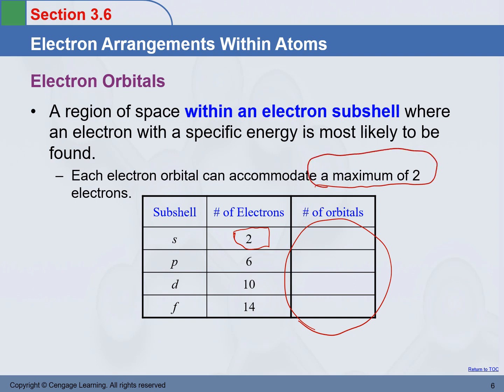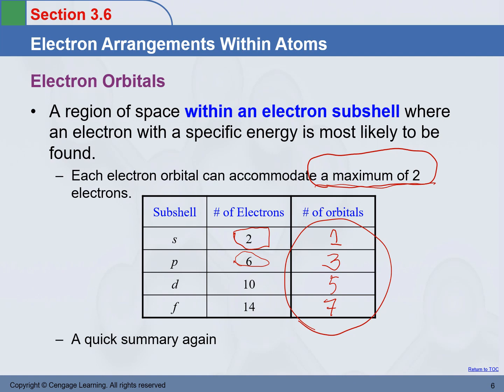That tells us in the s subshell, there's only 1 orbital. Does that make sense to you? The p subshell can hold 6 electrons, and each orbital can hold 2, so in the p subshell there are 3 orbitals. d will have 5 orbitals. f will have 7 orbitals. I hope that makes sense to you.